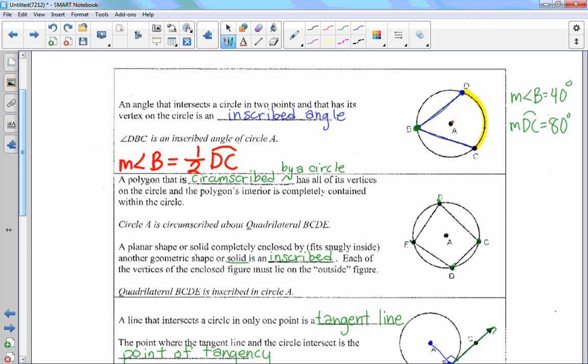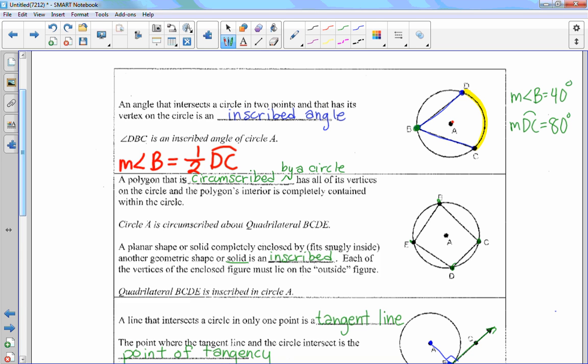Good. Okay, so when the vertex moves, its arc gets bigger and the angle is smaller. So if I say this arc is 100, then the angle would have to be 50. This is a different angle. The vertex now is on the circle instead of in the center.